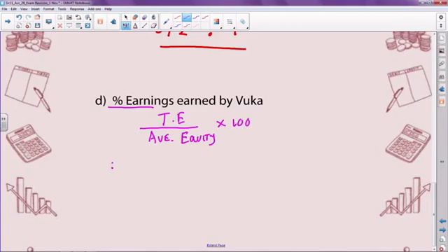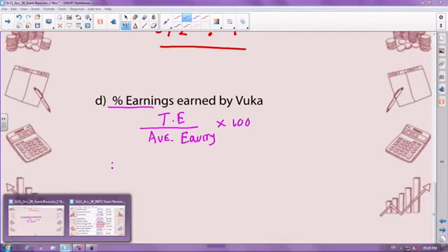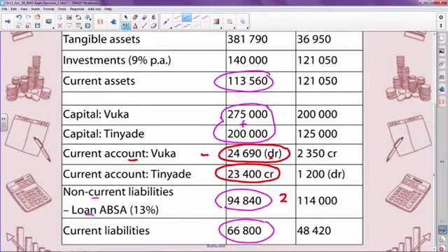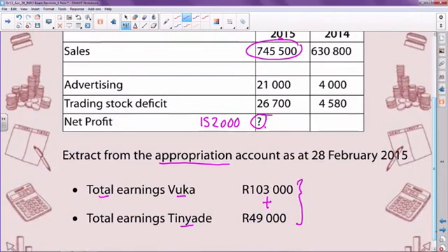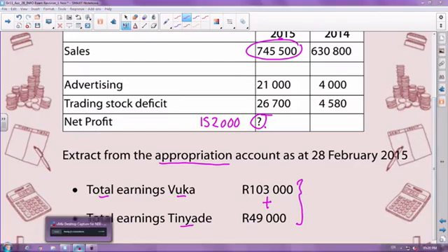Let's turn our attention to total earnings. Total earnings was given to us. If we go to the extract of the appropriation account, there we go, the total earnings by partner VUCA was 103,000. That was his share of the profit. So 103,000.